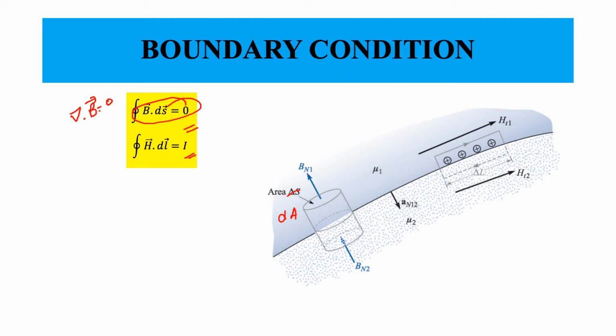This area dA is pointing in the direction of 2. So if you assume the normal going from 1 to 2, then dA in the second medium is from 1 to 2.